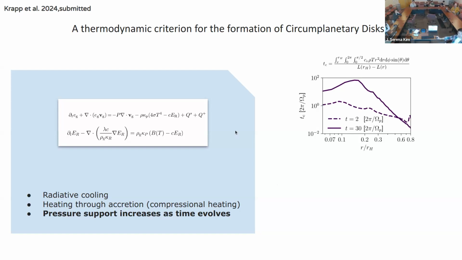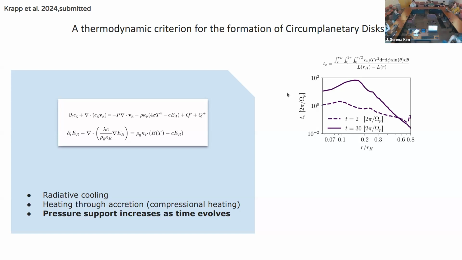You can estimate a cooling time using these two equations. When used at the beginning of the simulation, after 1 or 2 orbits, this cooling time is this dashed line here, and it's normalized by the orbital time of the planet.